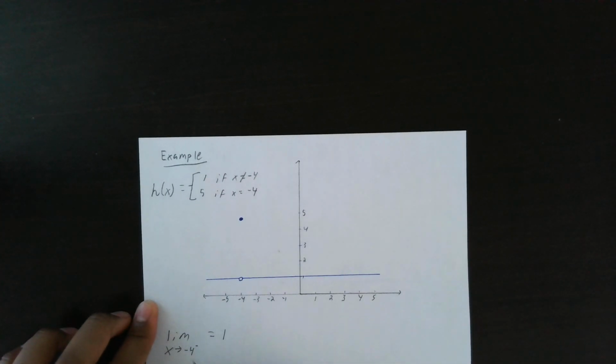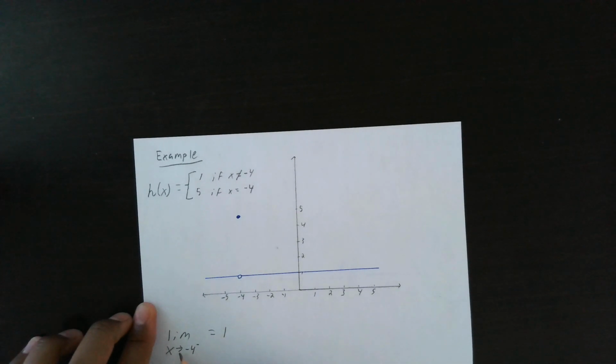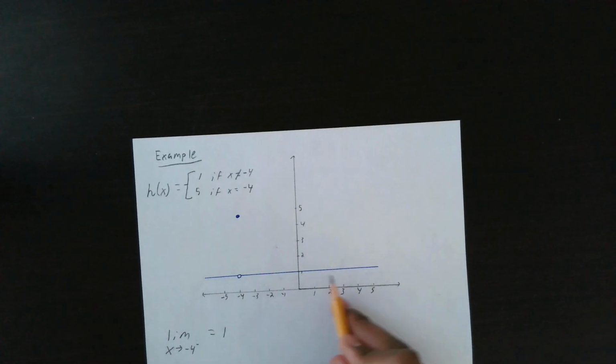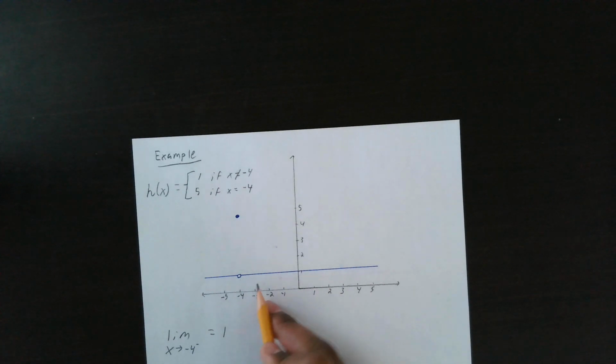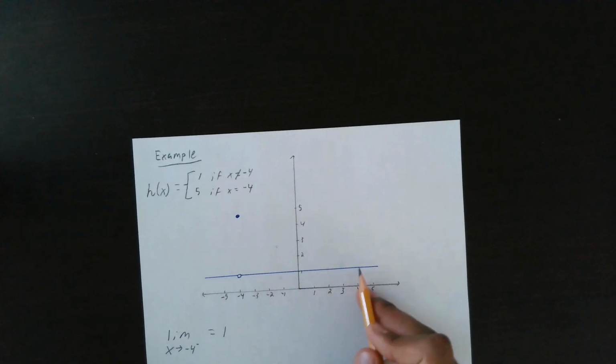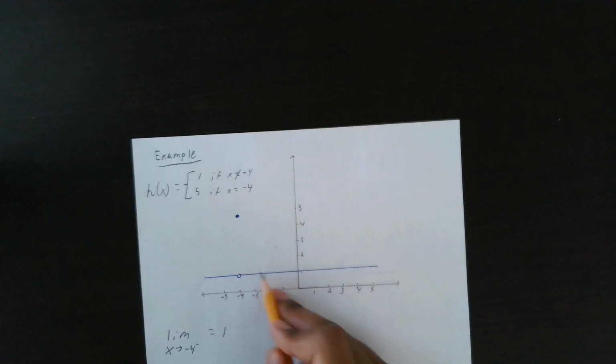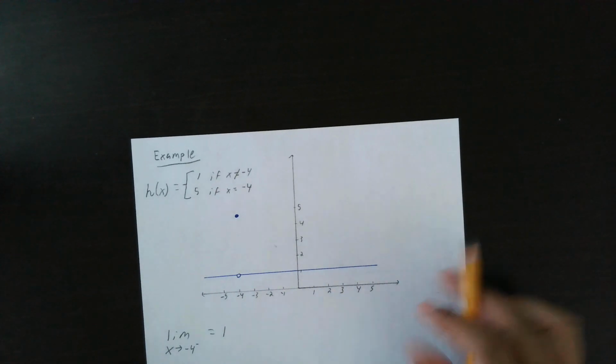So our limit as x approaches -4 from the left side is equal to 1. What about when we come in from the right side? The limit as x comes from the right side is also y equals 1.